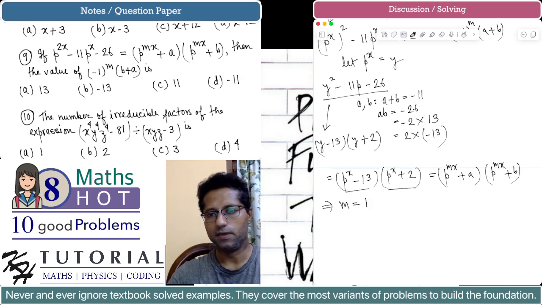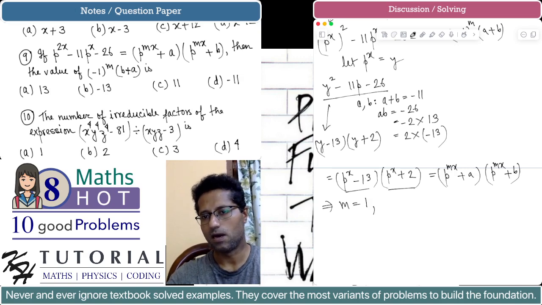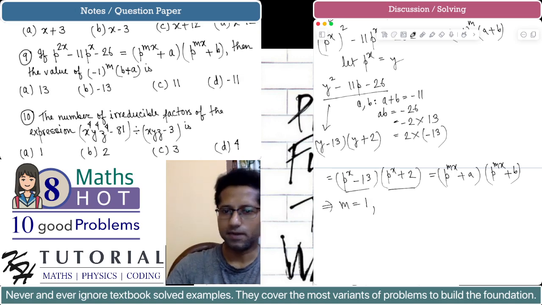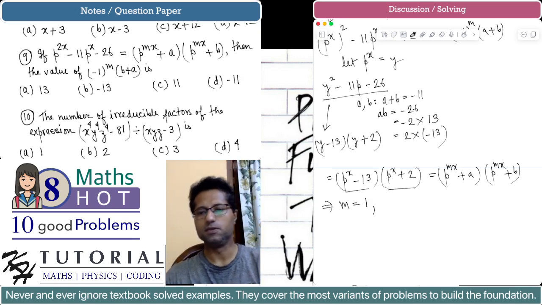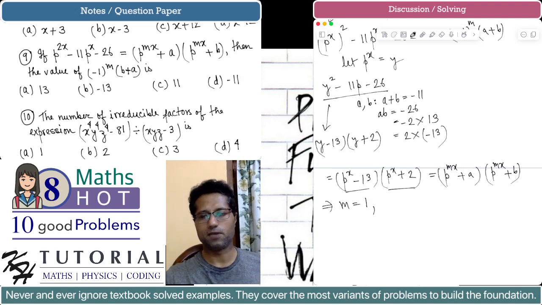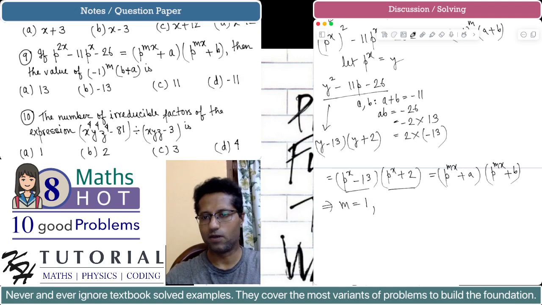Now we can say that a and b have to be minus 13 and 2. Now a can be minus 13 and b can be 2, or a can be 2 and b can be minus 13. But to solve this problem it should not matter, because we just need the value of a plus b.